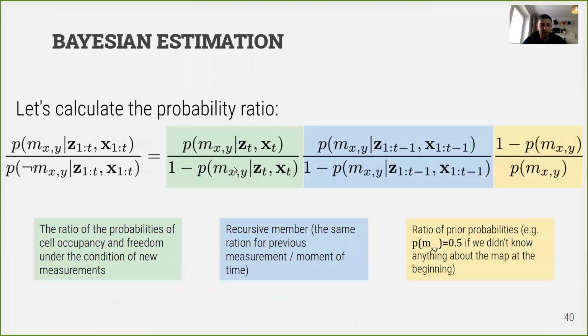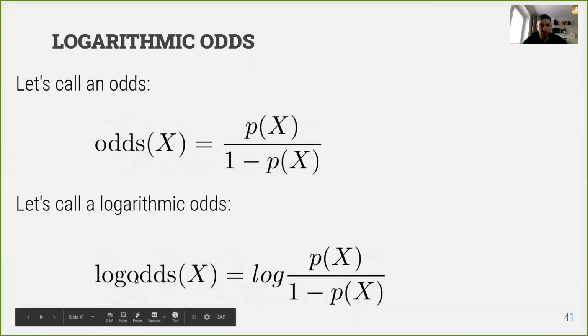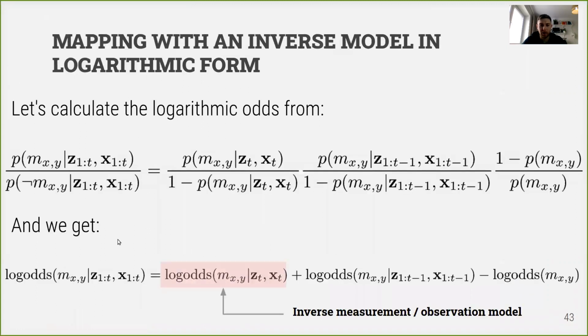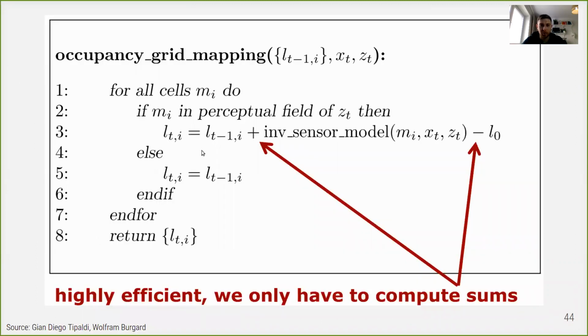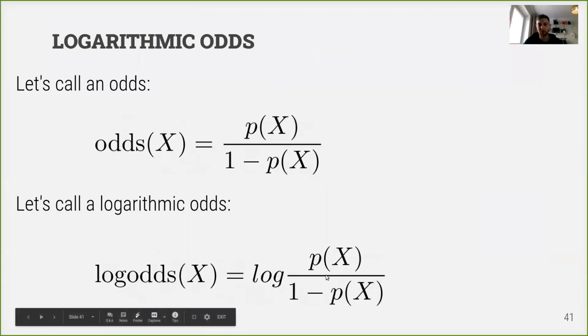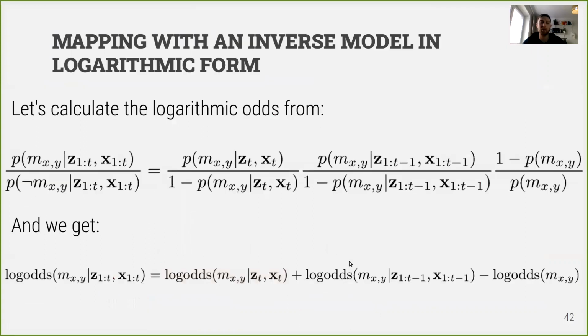And of course, in the end, we can just take the exponent of this and compute the probability, right? Because we are actually not computing probabilities within this function. We're computing log odds, logarithmic odds. But if we know that we finished mapping our environment, we can easily compute for each cell, take the exponent and compute p of x, and we get a probability.